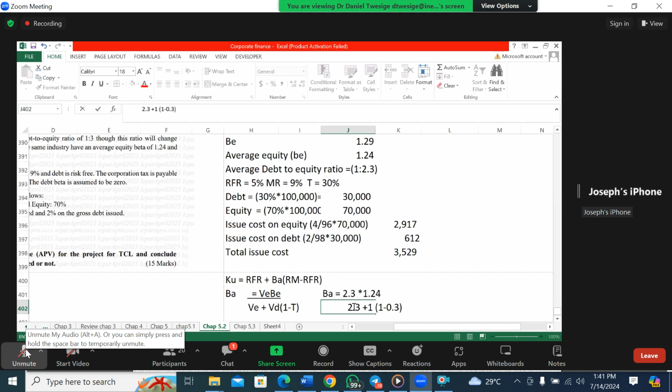Where do you get 2.3? What's this ratio? 1 to 2.3. Is the value of equity 2.3? This is debt to equity. It means debt is 1, equity is 2.3. Yes, it is correct.